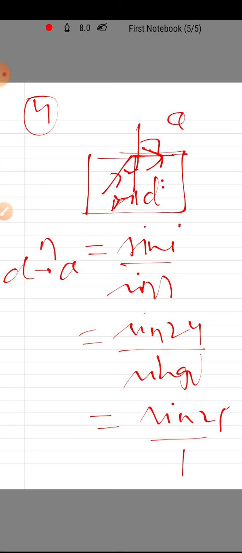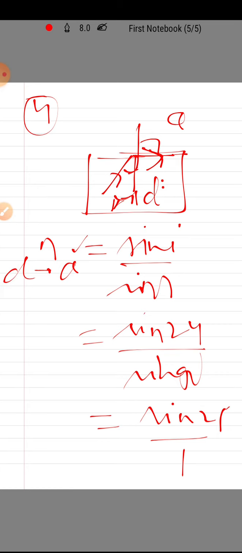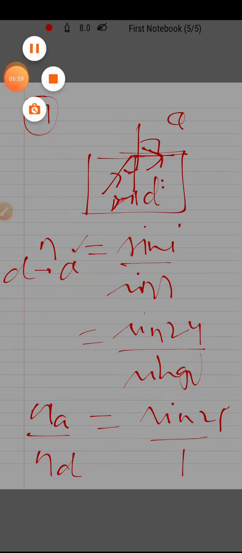Now DNA, this is the formula. You will know this, I have explained about this. DNA is the refractive index of air with respect to diamond. Now DNA is equal to Na upon Nd. Na is the refractive index of air and Nd is the refractive index of diamond.